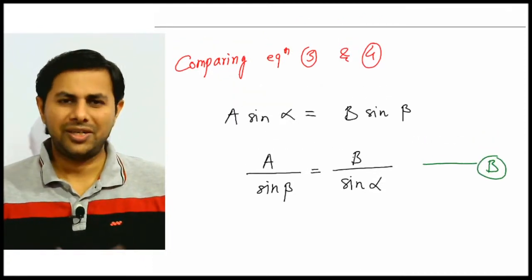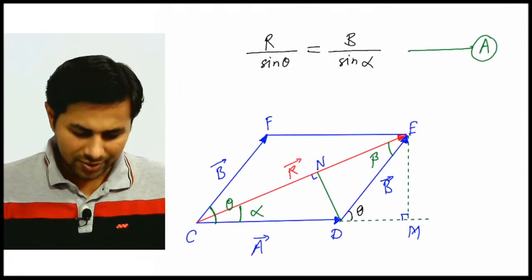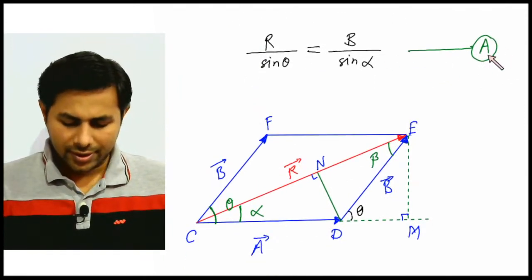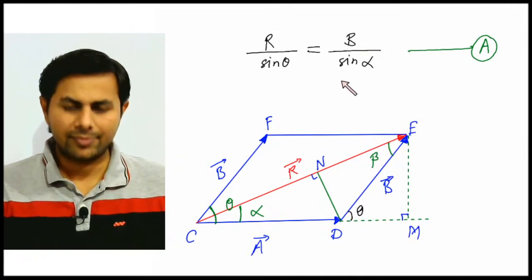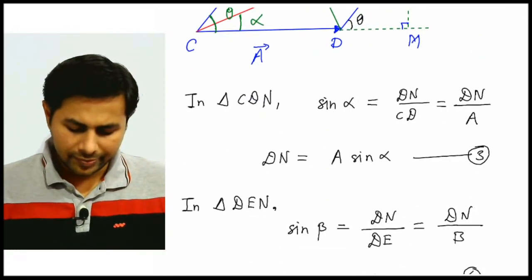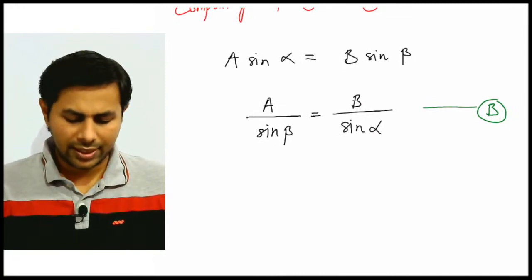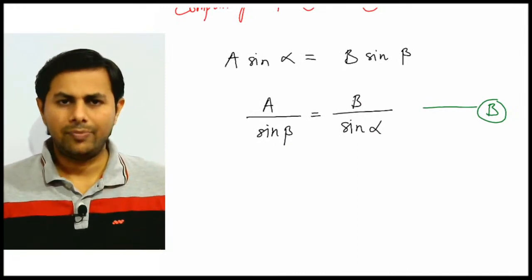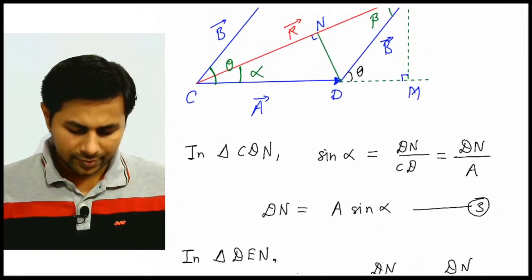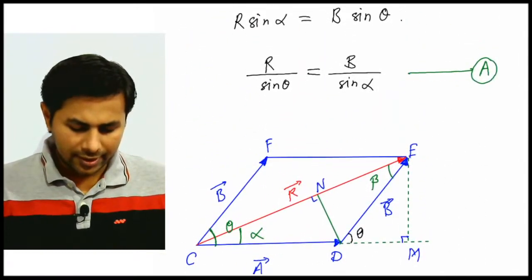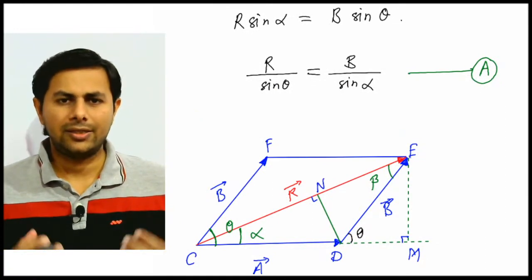So now let's compare a and b. So this is the last step of the derivation. In equation number a, we have r divided by sine theta is equal to b divided by sine of alpha, and in equation b also we have b divided by sine of alpha, it is equal to a divided by sine of beta. So comparing a and b, what we can say is r divided by sine theta equals b divided by sine alpha, and that is equal to a divided by sine of beta.